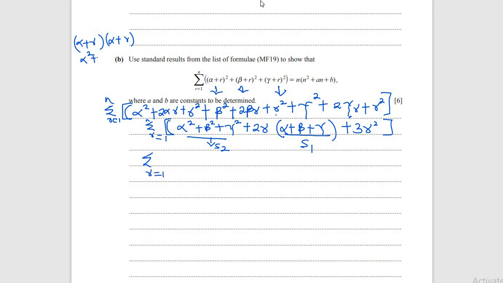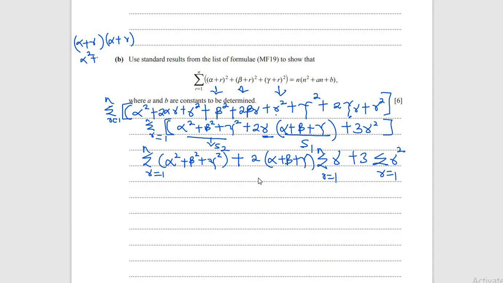Summation r equal to 1 to n of alpha squared plus beta squared plus gamma squared. Now, I can rearrange this like this: plus 2 times alpha plus beta plus gamma, with the summation r equal to 1 to n, and plus 3 times the summation of r squared, because the summation only involves r, r equal to 1 to n.